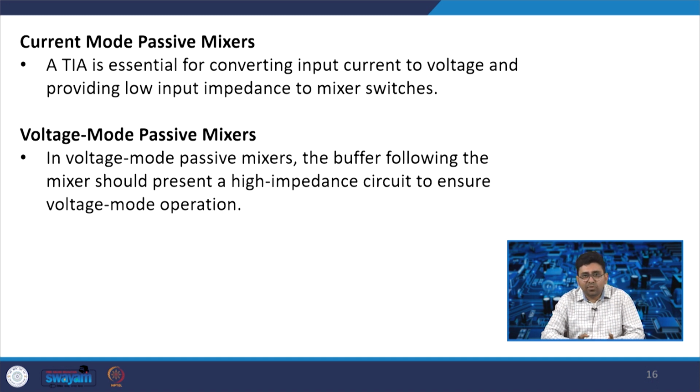In the voltage mode passive mixer, the buffer following the mixer should present a high impedance to ensure voltage mode operation. So we can consider current mode and voltage mode passive mixers, and mostly the current mode is the widely used passive mixer.